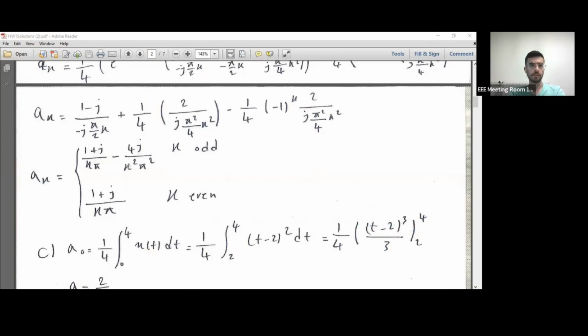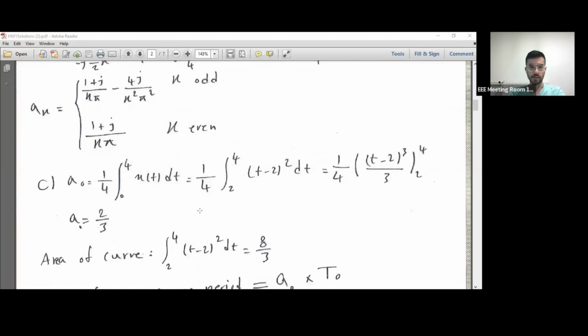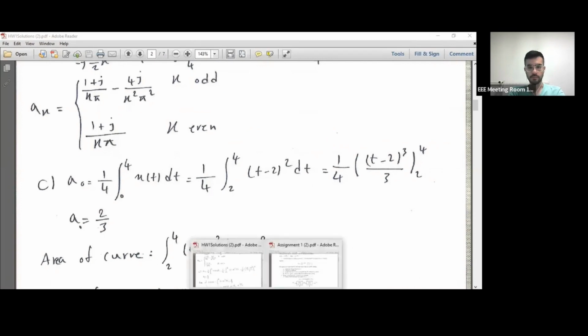So we receive this function as two sections. So k is odd, so we will have this simplified equation. When k is even, we will have this term. As you can see, it's very simplified in comparison with this one. So this is ak, which is Fourier coefficients that we found.